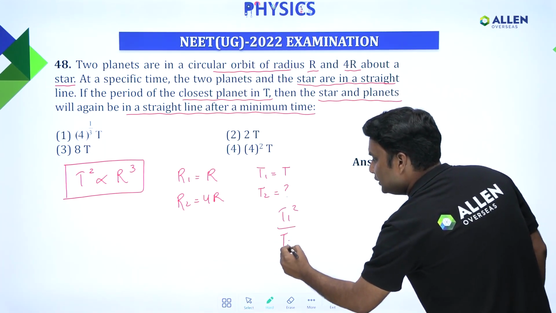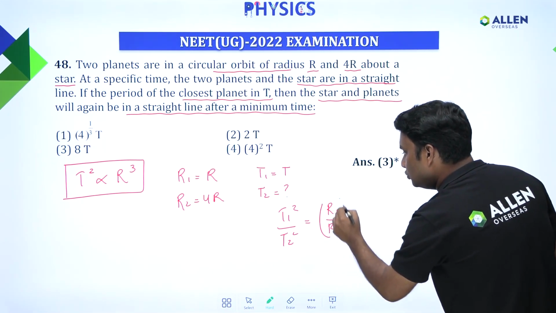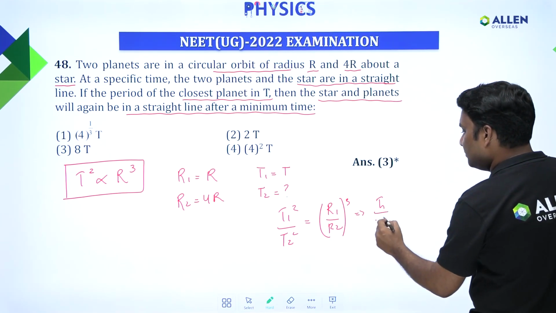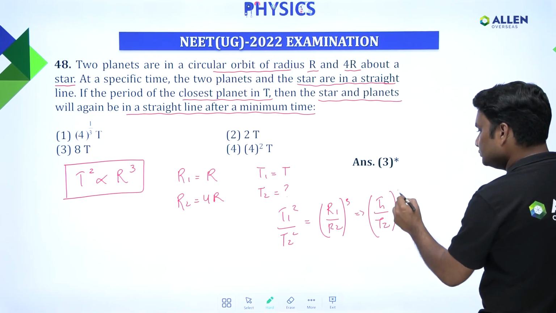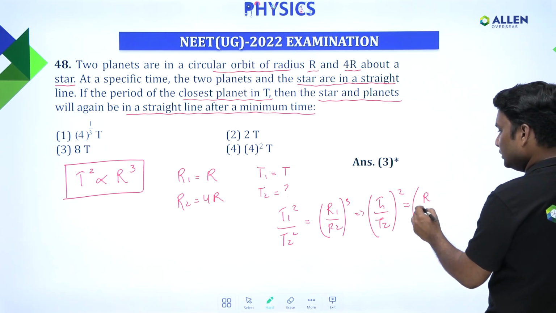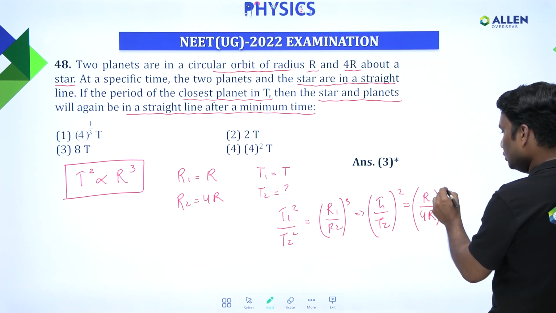So here we can directly make use of this relation, say t1 square by t2 square is going to be equal to r1 by r2 whole cube. So once we substitute the value here, t1 by t2 whole square, r1 value is r, r2 value is 4r whole cube.